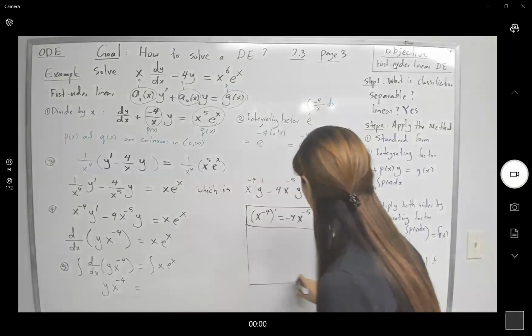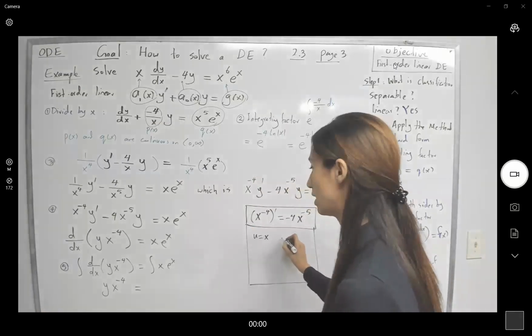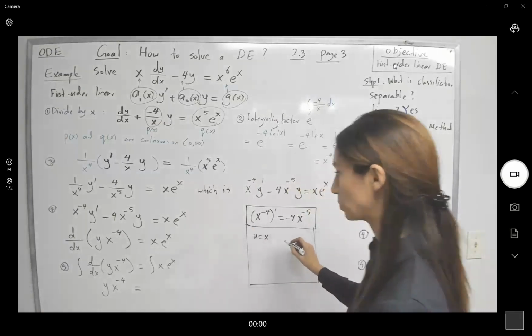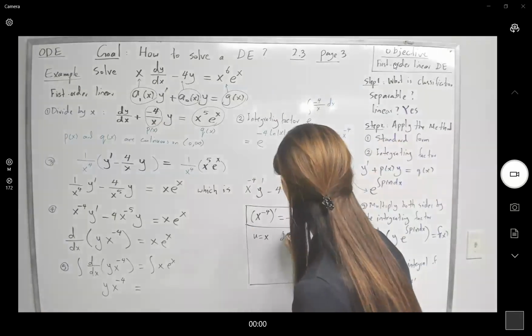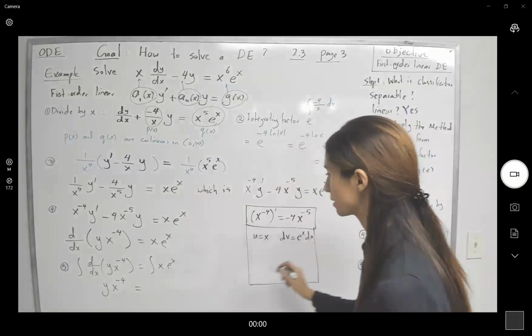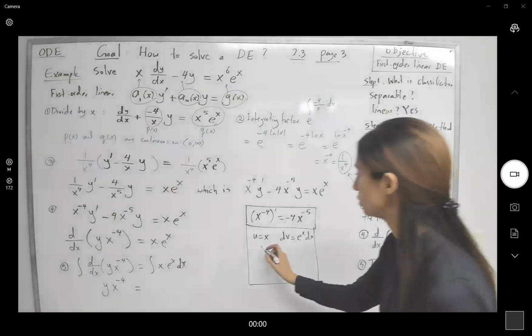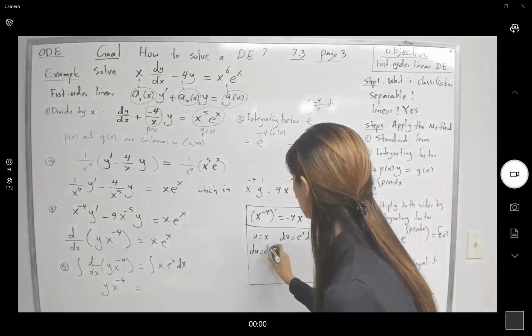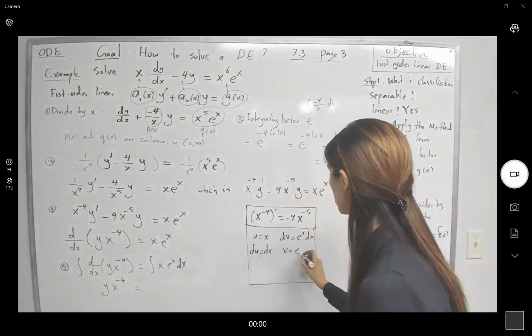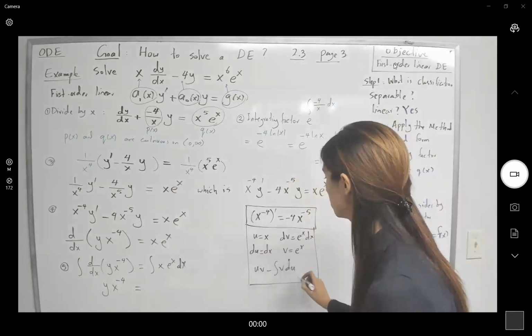So you have u equals x, and here you have dv equals e to the x dx. Very well. So du is dx and v is just e to the x. You get uv minus the integral of v du.